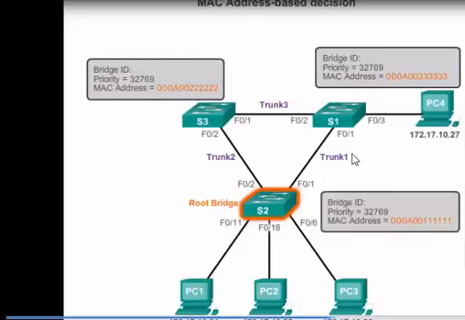So all three switches have a default priority value of 32769. So the MAC address becomes the deciding factor. The MAC address for switch 2 is the lowest one. It has a 111 value as the last digit. This is 333, this is 222. So this is the lowest MAC address, and this becomes the root bridge.